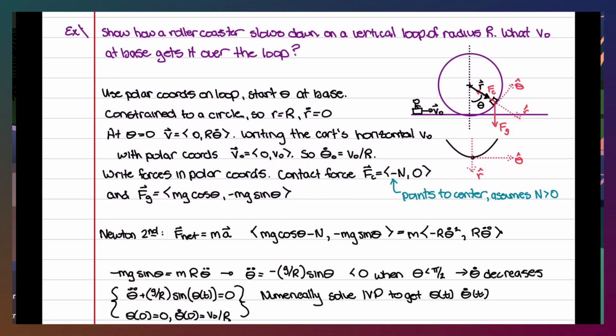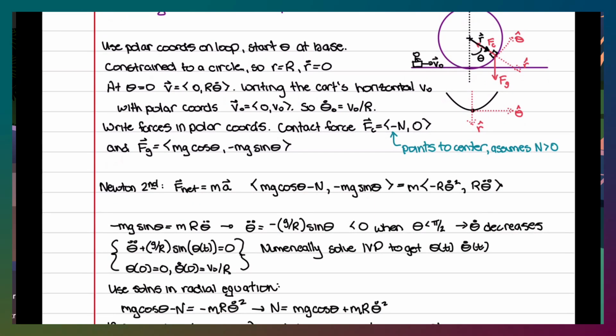So then my net force is the sum of the two, the radial components and the theta components. Then I set that equal to m times the acceleration, but I use the polar coordinate acceleration instead. That gives me two differential equations, which are a little bit more involved.